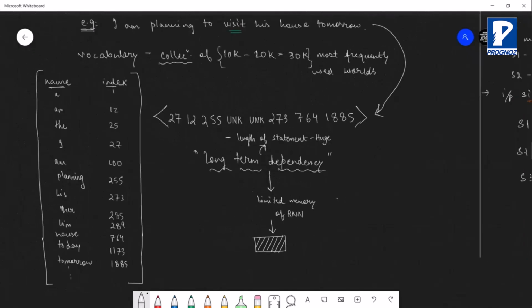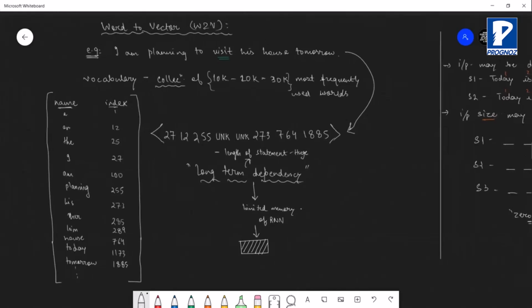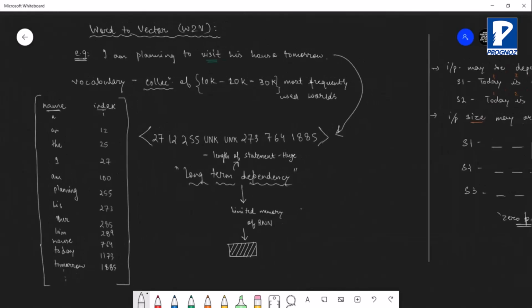बट ये drawback जब आया तो इसको ठीक कैसे किया गया? That is also something that we need to understand. So in order to tackle long-term dependency, the researchers came up with this idea of LSTM and GRU.